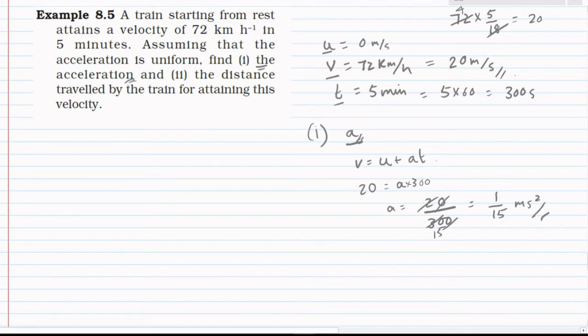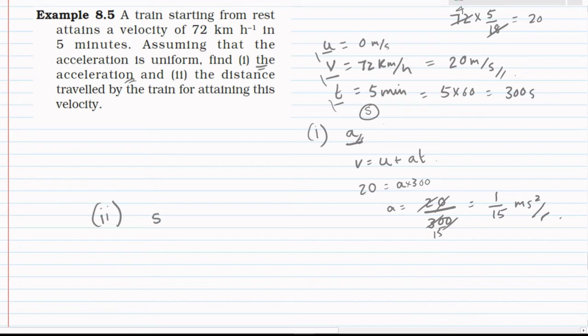Isn't that easy? Now, coming to the second part of the question, they want the distance traveled by the train for attaining this velocity. So again, we have the same things, v, u, t, but I want distance instead of acceleration this time. So let's think of a formula which gives distance.